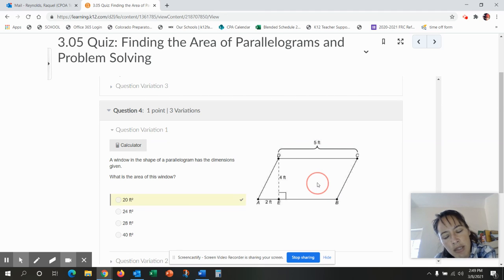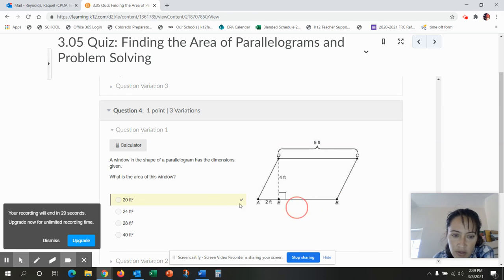Do they have to be the same length? Yeah, because otherwise these sides wouldn't be parallel. Great question. So D to C is the same as the total length from A to B. The segment E to B is going to be 3, but that doesn't help us. I'm just sharing that with you. So 4 times 5 is 20 square feet.